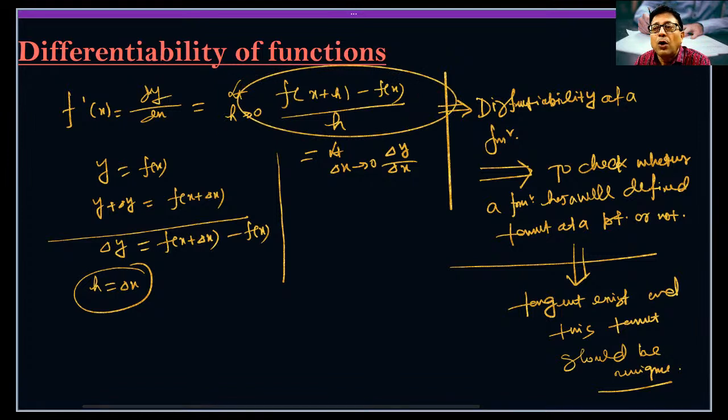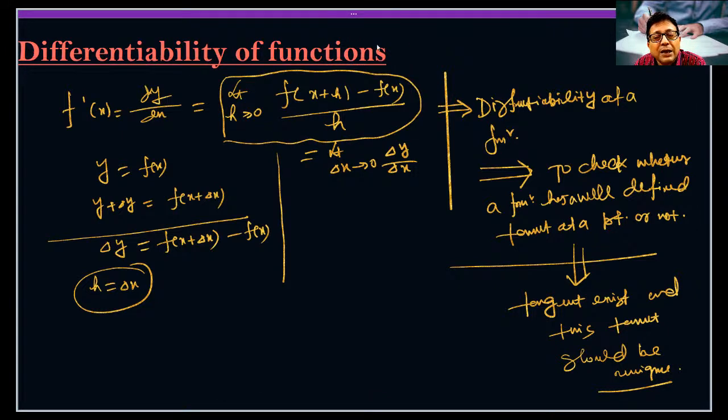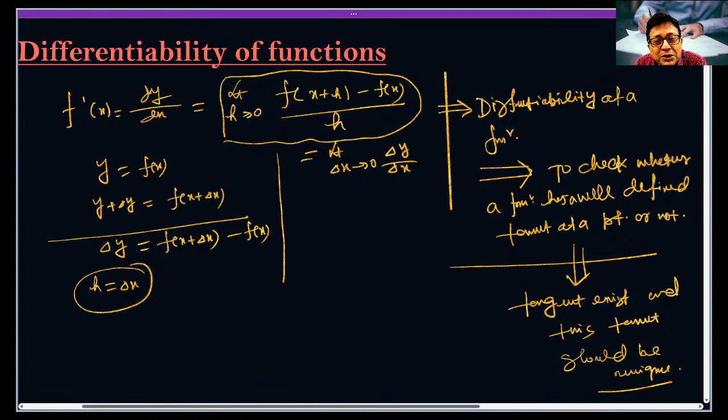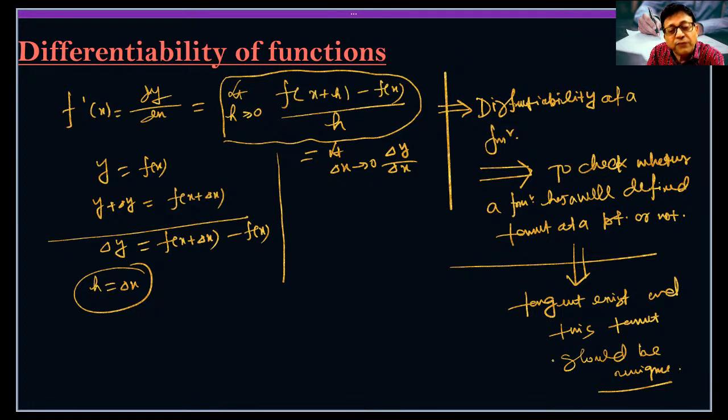It means we find the left hand limit and the right hand limit, which ensures the condition of existence of limit, and if those limits are equal, then we say the function is differentiable or has a unique tangent.